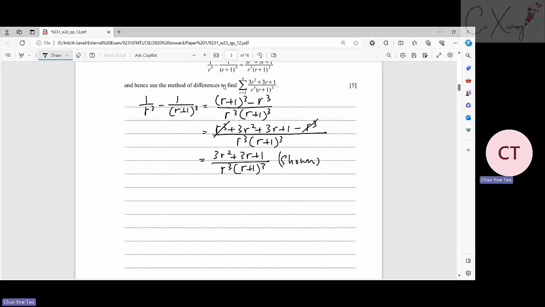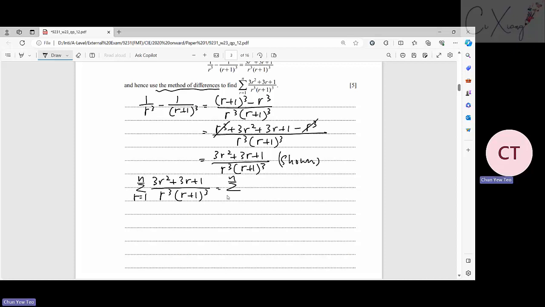After that, they want you to use the method of differences to find the series over here. So this one just continues from the information given. Write down the series, 3r squared plus 3r plus 1 over r cube times (r plus 1) cube.